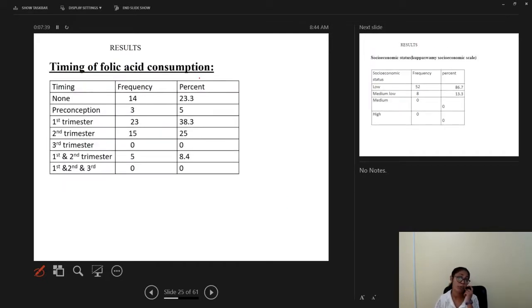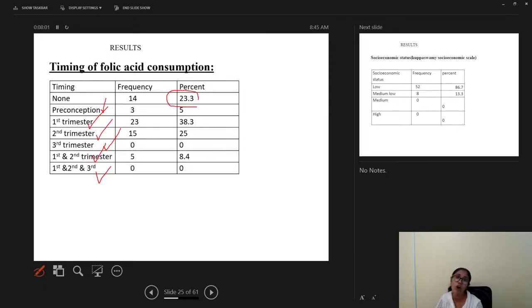We also made a study on folic acid consumption: around 23.3% had none. There was no consumption of folic acid, but around 5% took it preconception, in the first trimester, second, third, first and second, or first, second and third. So these are the timings of consumption of folic acid. Now why have we done the study?